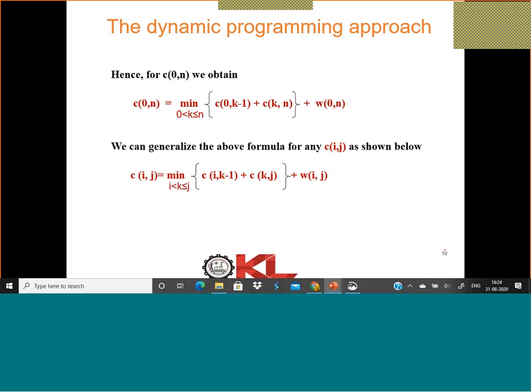If I select AK as the root element, then the left subtree contains these values, and the right subtree contains these values. These are the key elements. For which value of K do I get the minimum number of comparisons? That is what we need to find out. The cost of the total tree is C of 0 comma N. Let me explain quickly this one also.